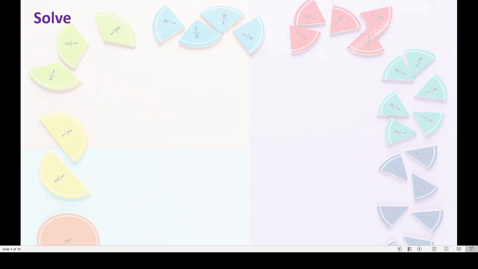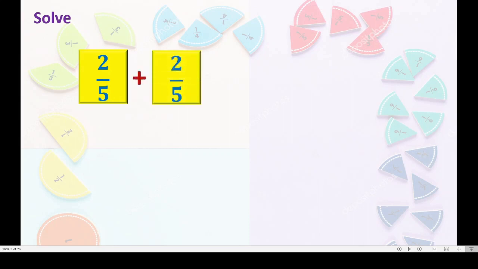Now we will try to solve this sum. See here 2 upon 5 plus 2 upon 5 means 5 equal parts are there and how many selected? 2 in each case. Okay, then total how many selected from 5 equal parts?